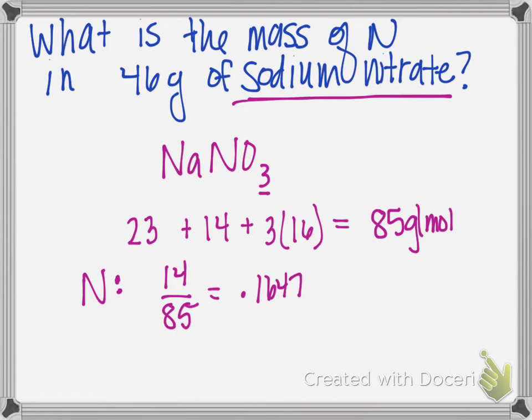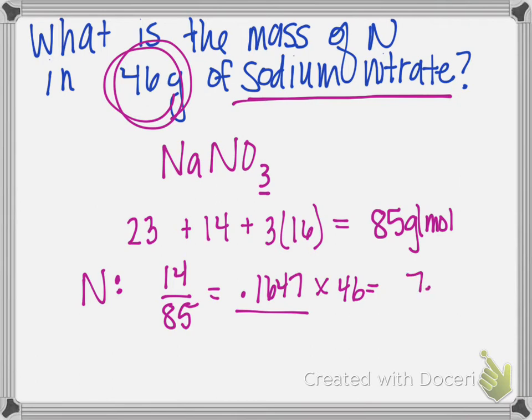Now, if I want 0.1647 or 16.47% of my total sample, I'm just going to leave it as a decimal and multiply it by 46. And I get 7.58 grams of nitrogen.